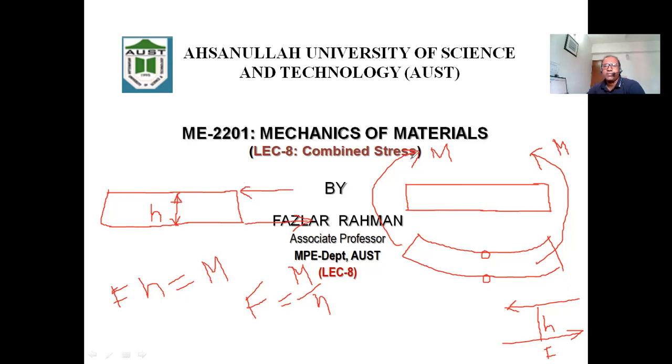Similarly, this M on the left side, I can replace by a compressive force and also by this force. Which direction is it rotating? Clockwise. Now, if you look carefully at the upper fiber, what happened? Compressive load or tension load? This fiber.